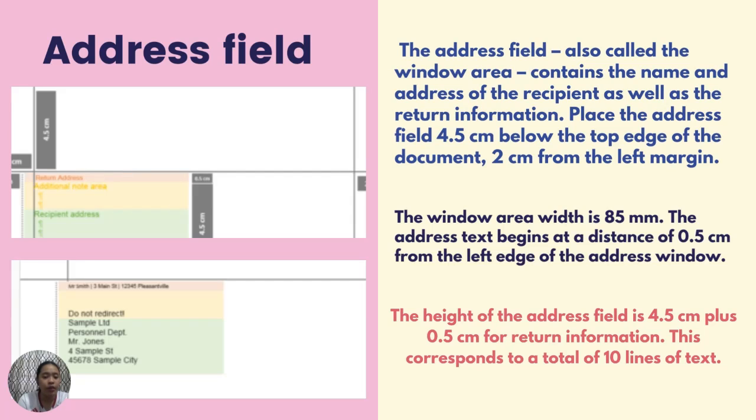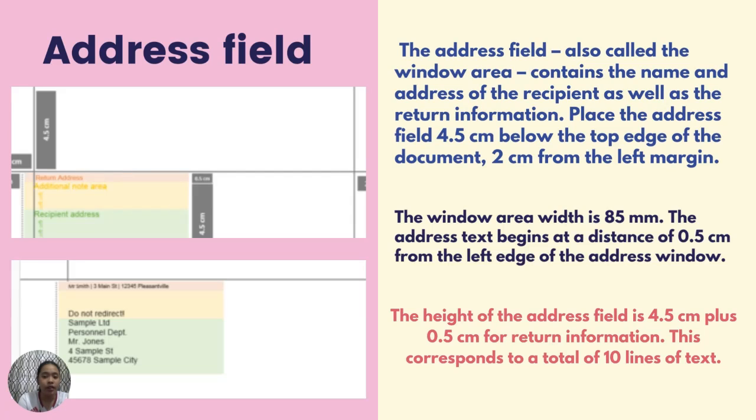The window area width is 85 millimeters, and then the address text begins at a distance of 0.5 centimeters from the left edge of the address window. The height of the address field is 4.5 centimeters plus 0.5 centimeters for return information. This corresponds to a total of 10 lines of text.